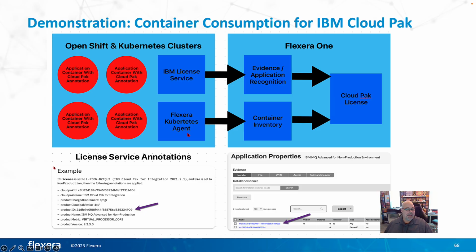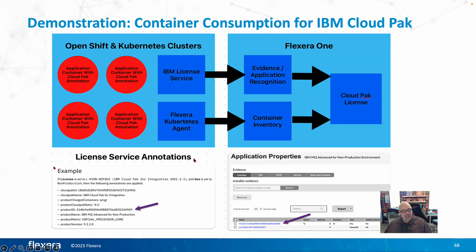These also have a Kubernetes agent on there where we will have the various hardware details for the cluster as well. That becomes container inventory. That evidence from the application and the container inventory meet up at the Cloud Pack license, and that's how the consumption gets to the Cloud Pack.